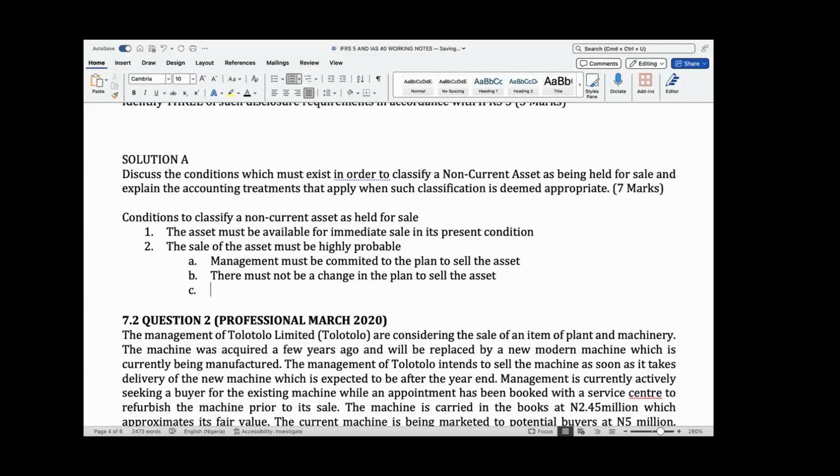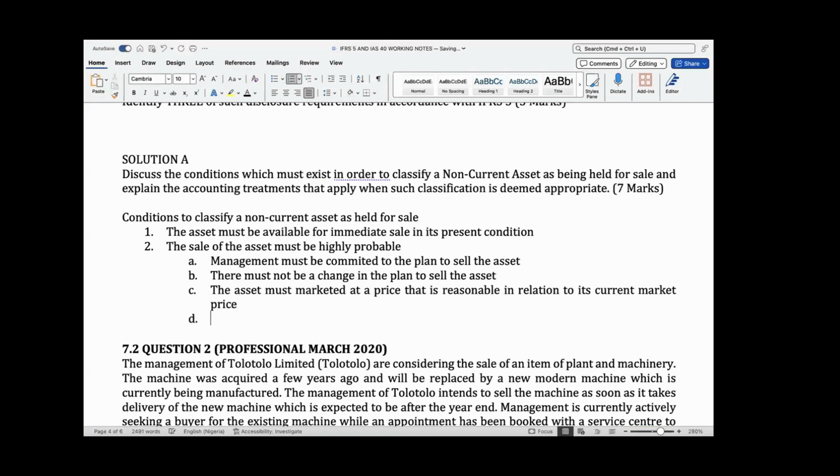Number three, the asset must be marketed at a price that is reasonable in relation to its current market price.